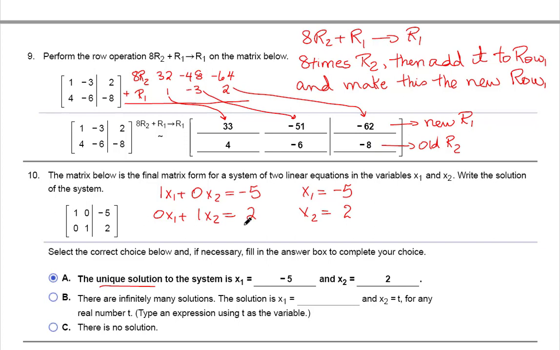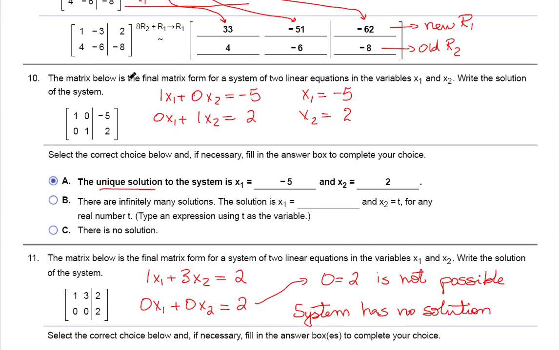All right, well, let's see. Question 10. They said, okay, what if we did this operation, we did something, and we ended up with our augmented matrix that looks like the following? But what does that mean? Well, this was x1, here's x2, there's an equals. So 1x1 plus 0x2 is minus 5.